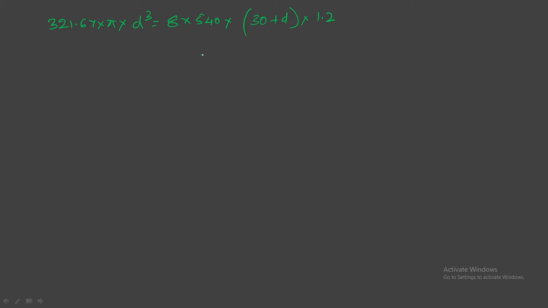You will get a d cube minus d equation, some value that is equal to 0. You are going to get 3 values here. 5.67, go for the positive value: 5.67 mm.